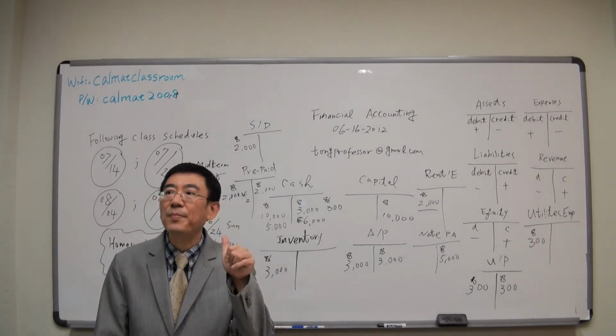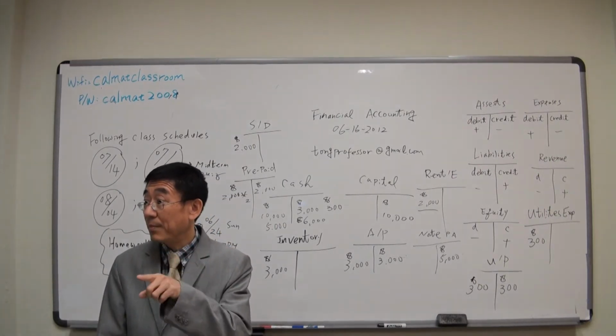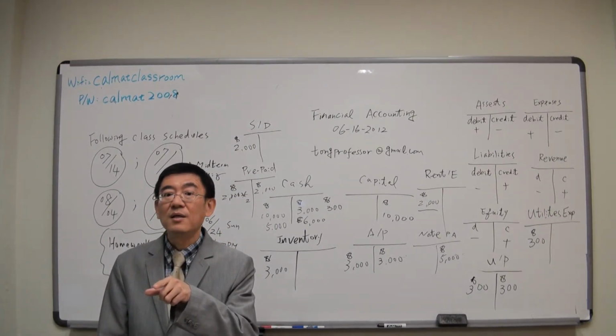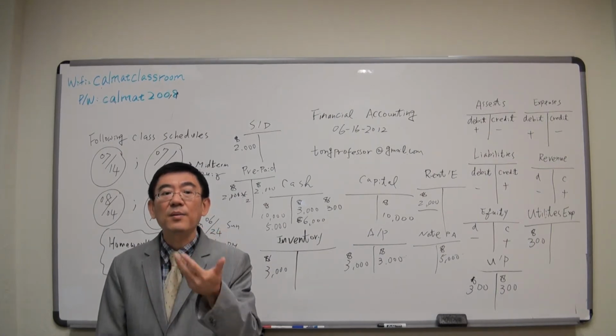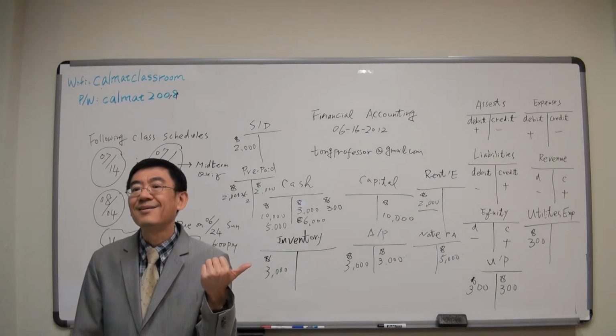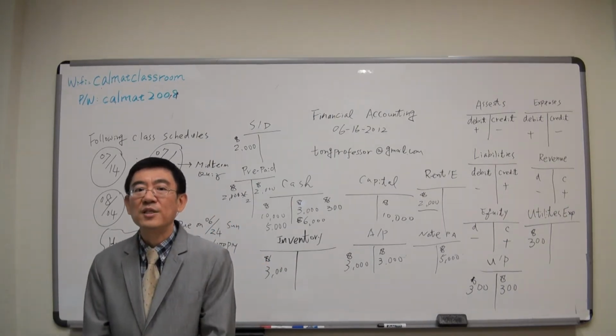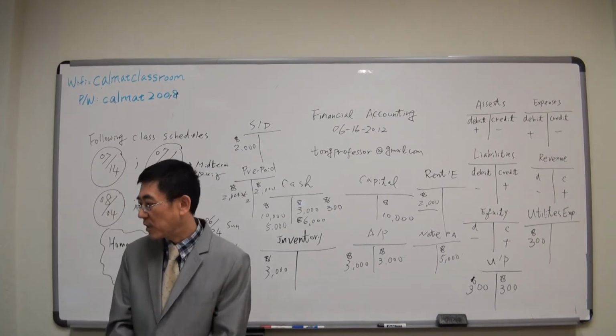One transaction is the bank loan $20,000 cash to the company, corporation. And in the meantime, the company pay out $5,000 back to Mr. A. All right? So how would you do the transaction for accounting?